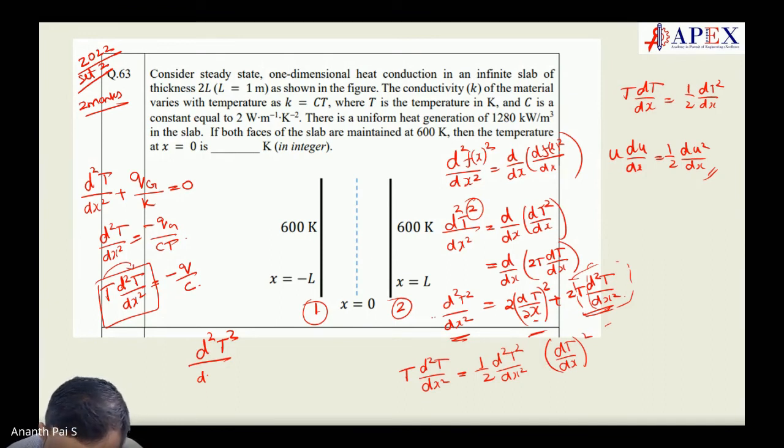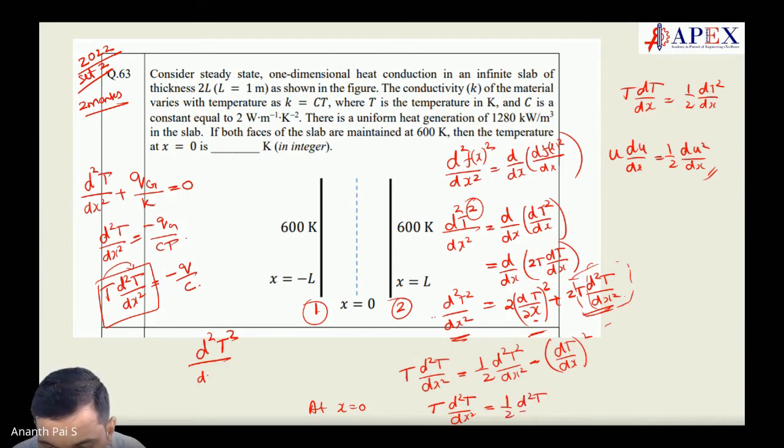Now dT by dx at the center is 0, is it not? So at x is equal to 0, we get half into d square T by dx square. Now this we will substitute here and integrate.